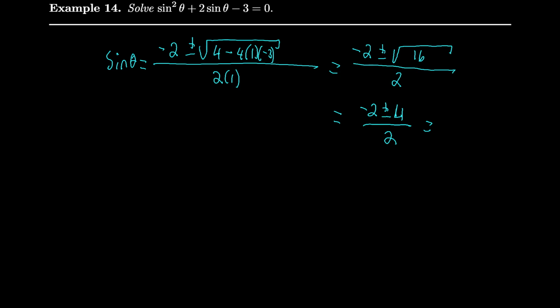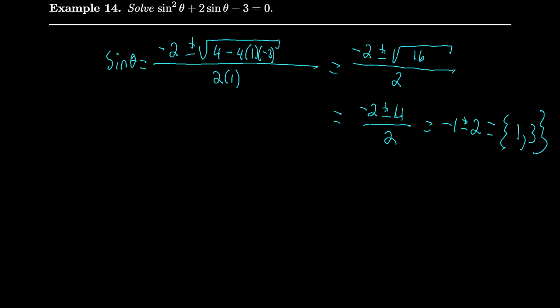That's the same thing as, if you divide the 2 into both of them, negative 1 plus or minus 2, which is the two different answers. Negative 1 plus 2 being 1, and negative 1 minus 2 being negative 3. So 1 and negative 3 are the two different answers.